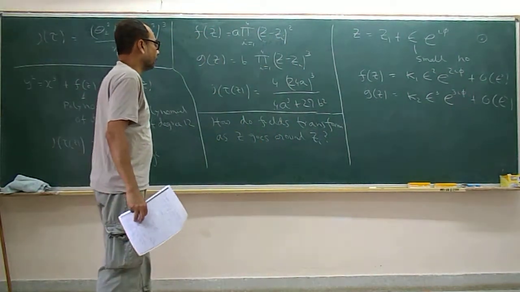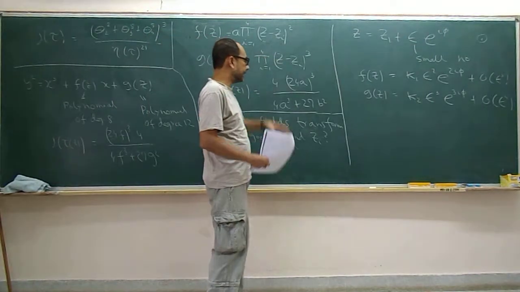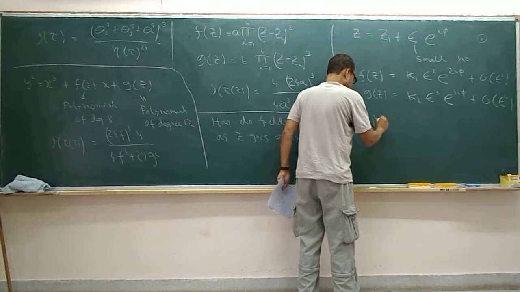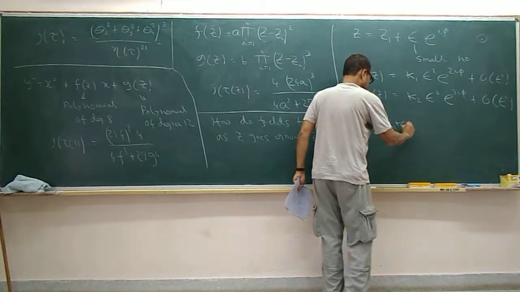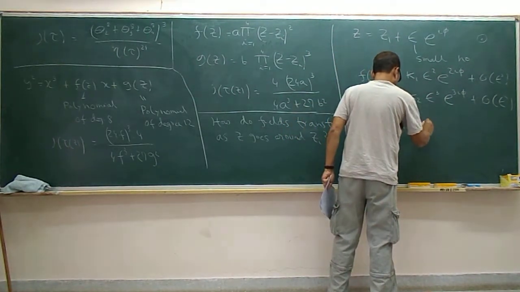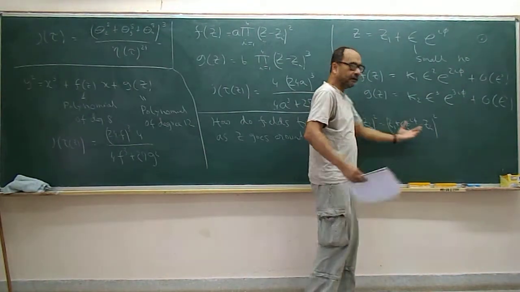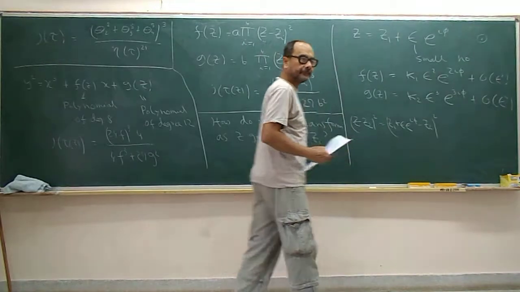Correction may become of order epsilon cubed also, because if you take (z minus z2) squared, that will be like (z1 plus epsilon e to the i phi minus z2) squared. So when you expand it out, you will get an order epsilon term also here.